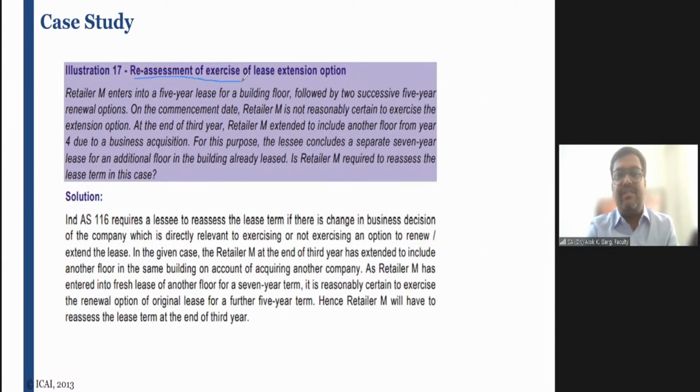Reassessment of exercise of lease renewal option. Retailer M enters into a 5-year lease for a building floor, followed by 2 successive 5-year renewal options. So basically 5 years is the existing lease term, and there are 2 five-year renewal options, +5 and +5.